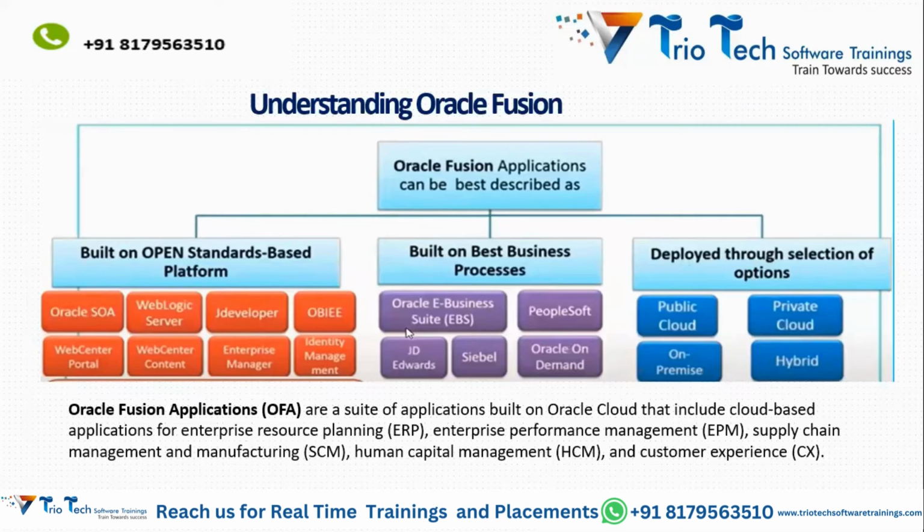So for your understanding, I have talked about the platforms through which the deployment of the Oracle Fusion applications is done. We will discuss in more detail, just to give you a quick overview of the difference between a public cloud, a private cloud and on premise.